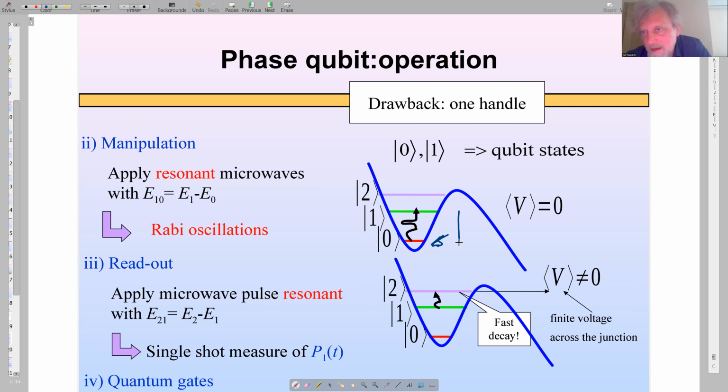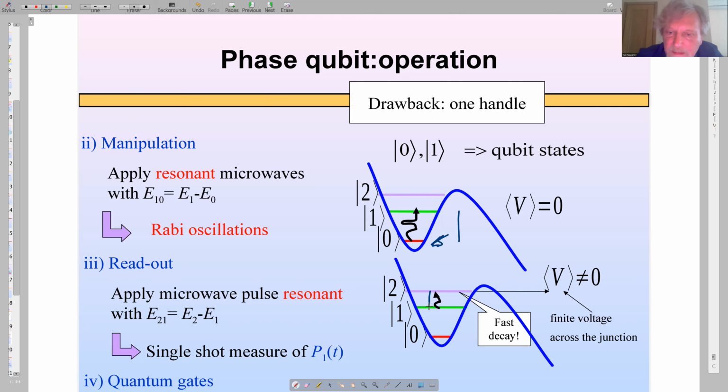How to check it, how to read out the qubit? All right, there was an interesting engineering trick for that. To read out, the authors provide a microwave pulse which is resonant between this first and second level.